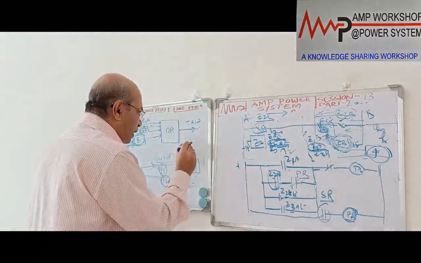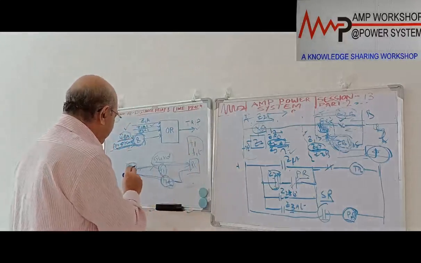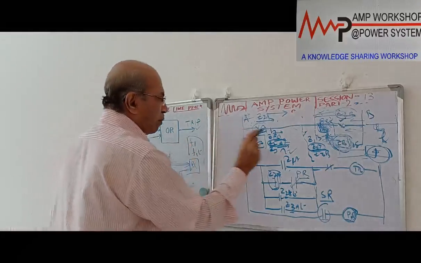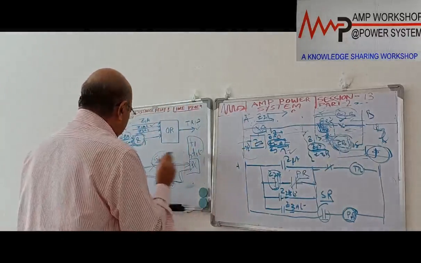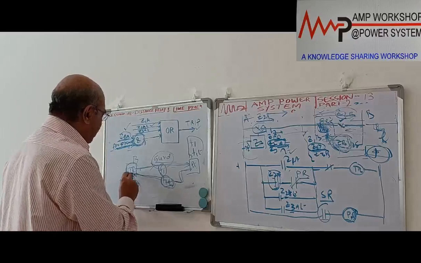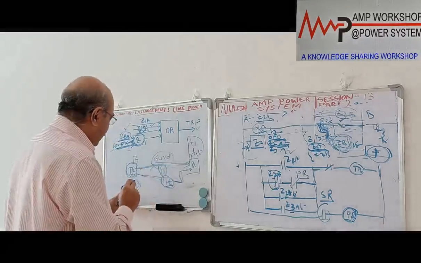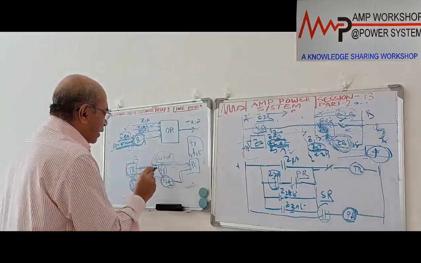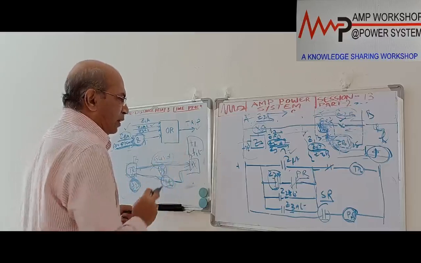Either F1 will be there or F1T will be there on a particular channel. So this is a transmitter, this is a receiver, one channel. Suppose this is B and this is A. So at the B end transmitter, if Z2 does not give a trigger, it will generate only the F1 frequency. The moment B end station Z2 gives a trigger to the transmitter, F1 will be off, F1T will be on. So there is always a signal.